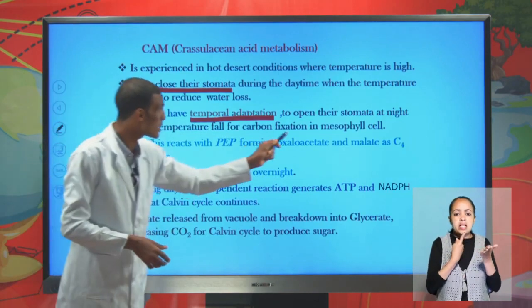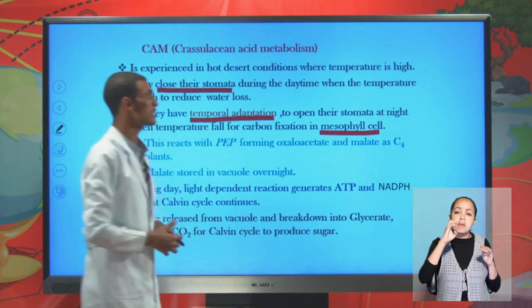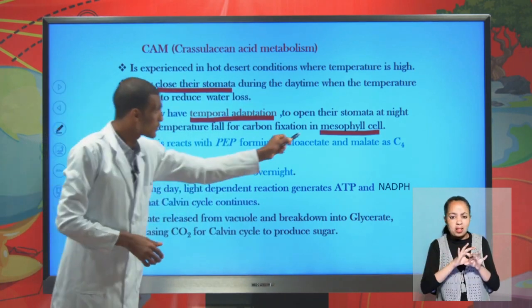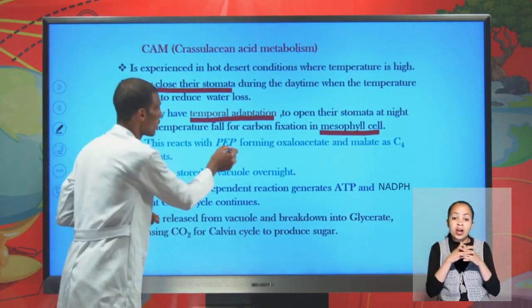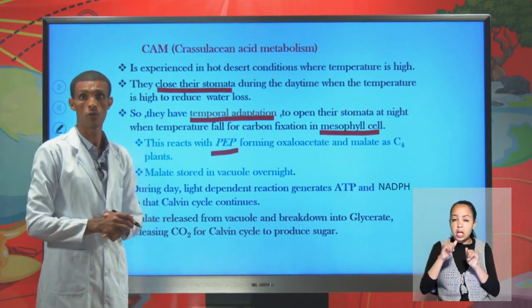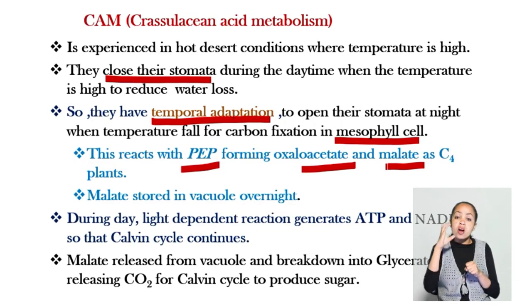This fixation of carbon dioxide takes place in the mesophyll cell, just like in C4 plants, where the fixed carbon dioxide reacts with phosphoenolpyruvate, just like in C4 photosynthesis, to form 4 carbon compounds, oxaloacetate and malate.